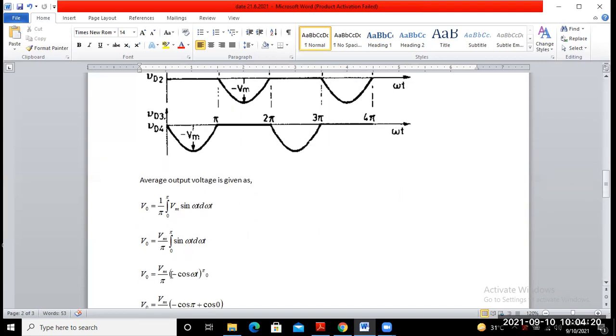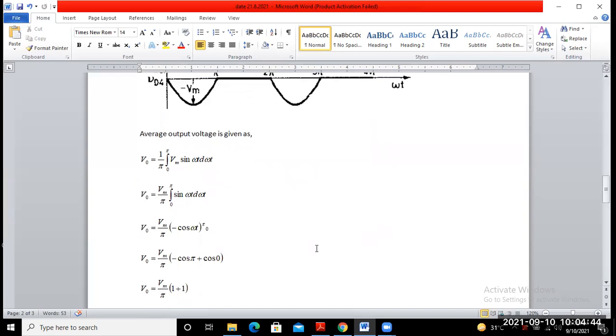So in the next step you can write Vm by pi, integration of sin omega t equals minus cos omega t, lower limit 0 and upper limit pi. Cos pi is minus 1, so minus minus is plus 1, and then put in the lower limit, cos 0, which is 1.